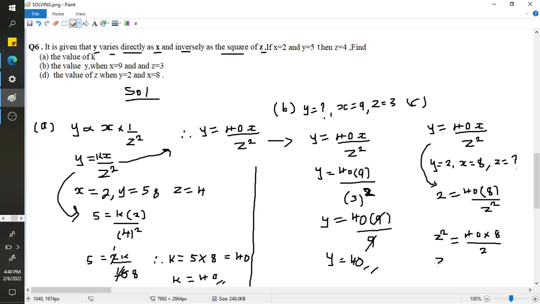So we can divide 2 into 8 and that will give us 4.